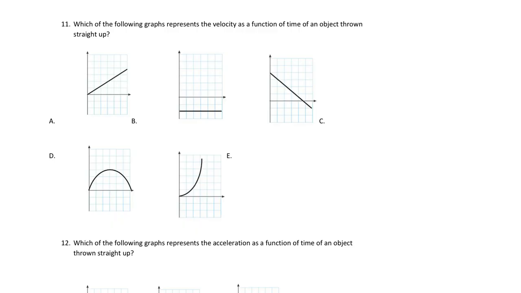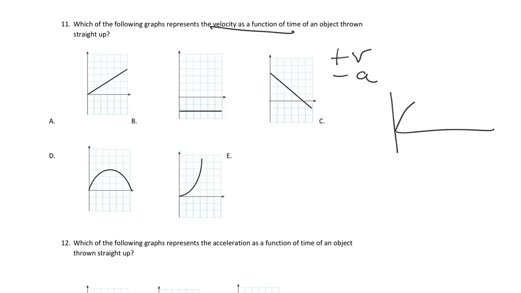Okay, which of these represent velocity as a function of time for an object going upwards? So I'm looking for positive velocity. I'm looking for negative constant acceleration, so a line. So this is a V versus T graph. So I'm looking for, and then it slows.